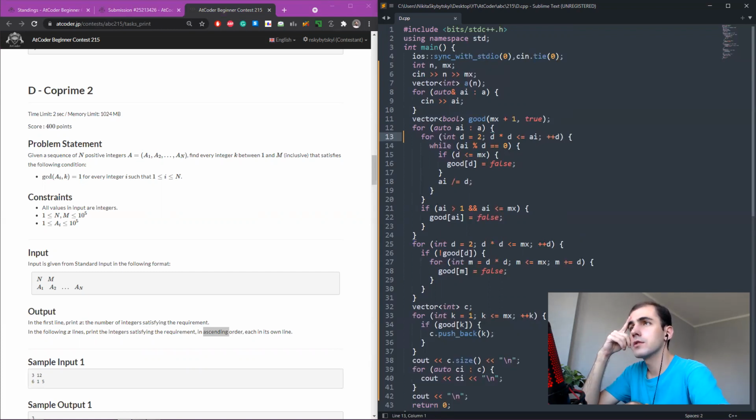Loop over all numbers, we loop over all potential divisors up to square root of ai. While the potential divisor is a divisor of ai, we divide ai and label the corresponding entry in the good table as false.